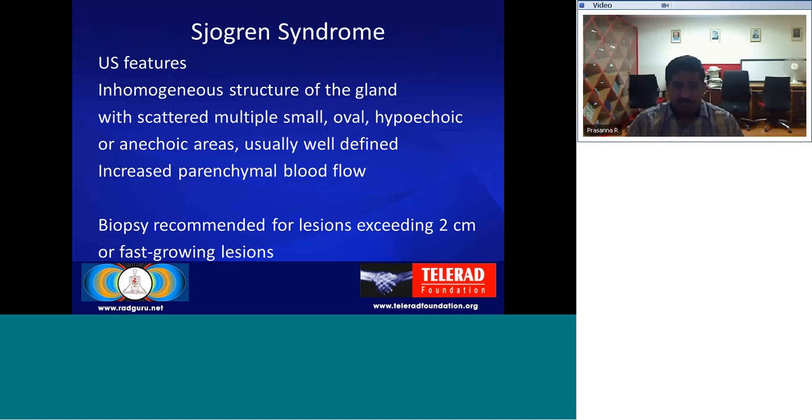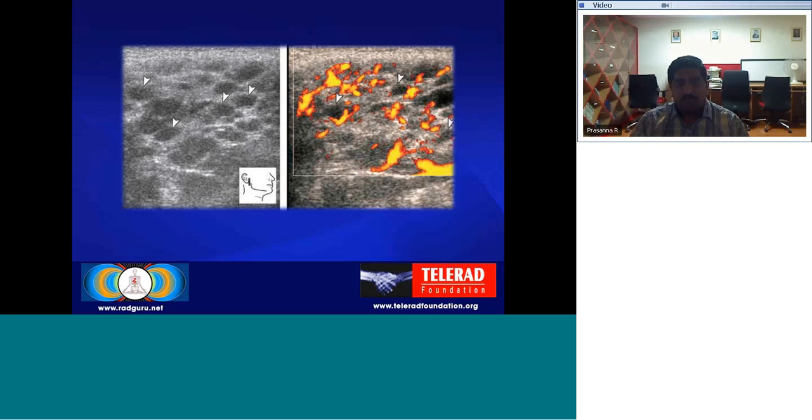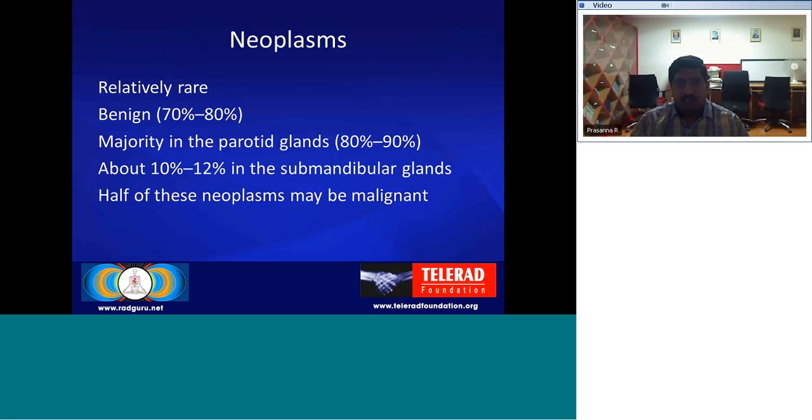For any lesion which exceeds 2 cm, or any lesion which is fast growing, biopsy is recommended to rule out malignant potential. This is a Sjogren's syndrome image which is very similar to acute inflammatory changes, except that the clinical presentation is different and the gland is generally not enlarged.